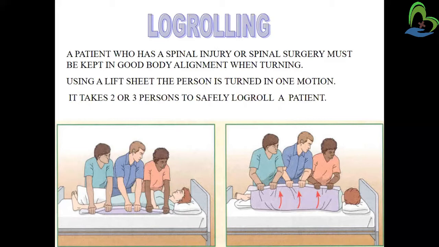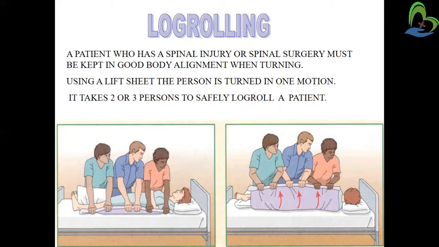A patient who has a spinal injury or spinal surgery must be kept in good body alignment when turning. If the patient wants to turn or move in bed while maintaining proper alignment, in that case we can apply log rolling.